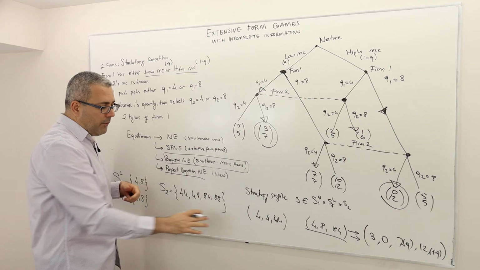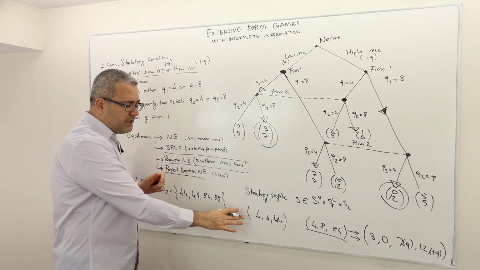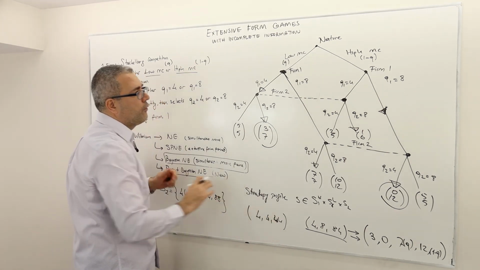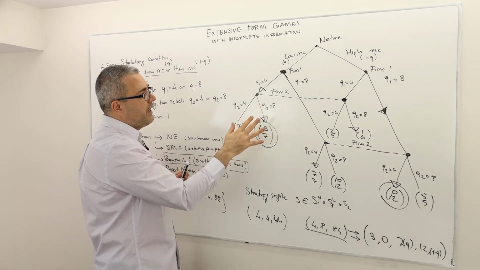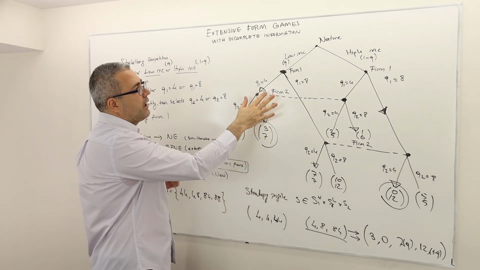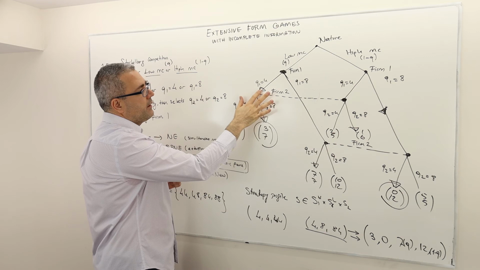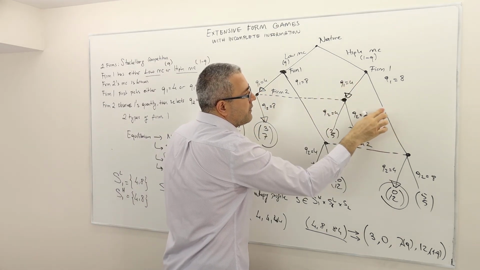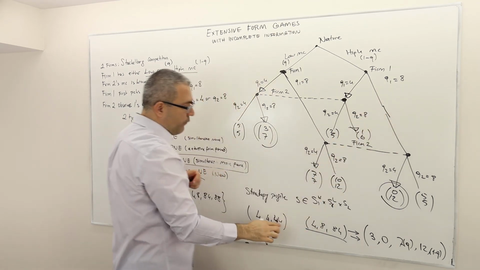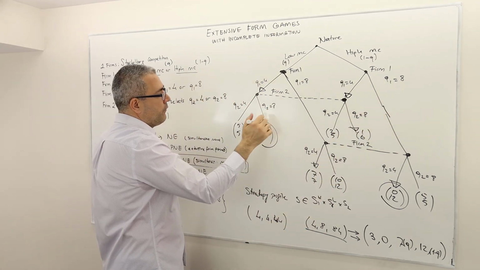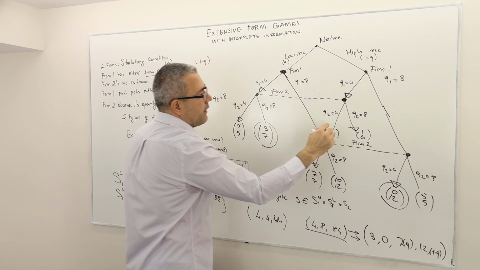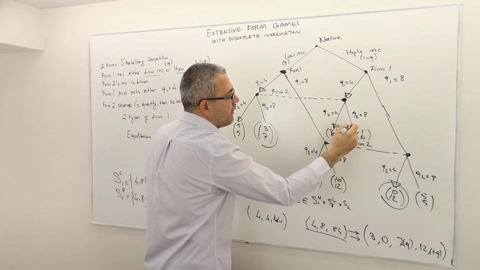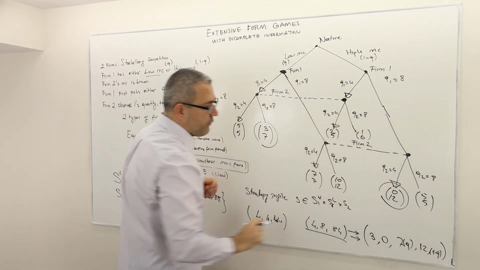All right? So obviously here, under this strategy profile, 4, 4, 4, 4, what does that mean? Well, the arrows are going to be different, right? Low type firm is playing 4. High type firm is also playing 4, so I need to erase this arrow. And 4, 4 means firm 2 is playing 4 here, and 4 here, so erase this, and 4 here, 4 here.